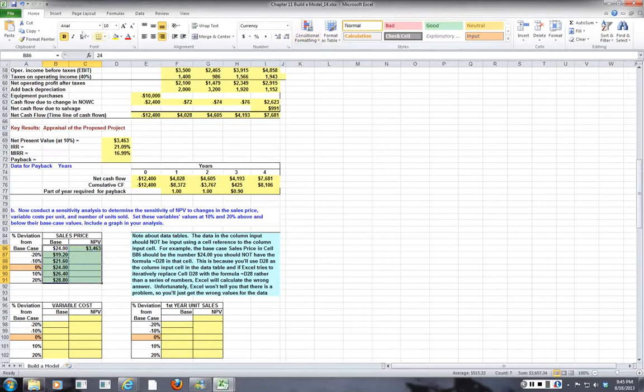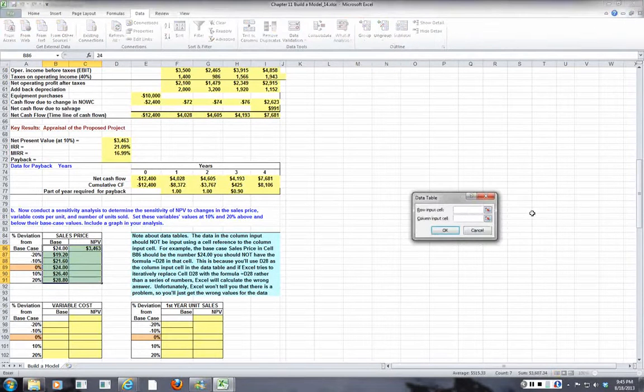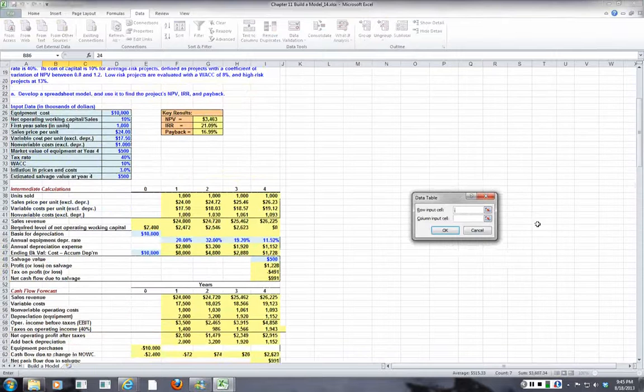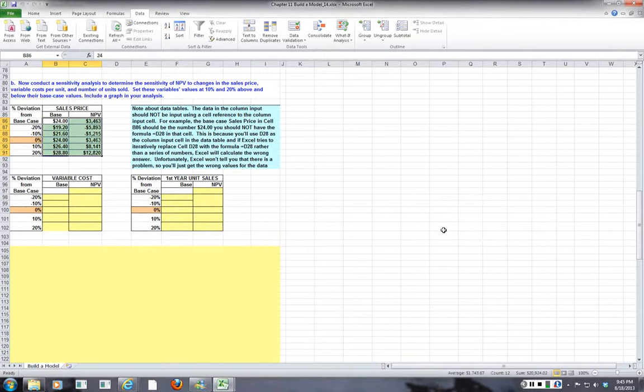So to find that out, we are going to click Data and the what if analysis, get the data table, and go up here. So if we put that data table and we put $24 in there, and then we click, and voila, we get what it says is if the sales price went down 20%, the net present value would go from $3,463 to a minus $5,893.